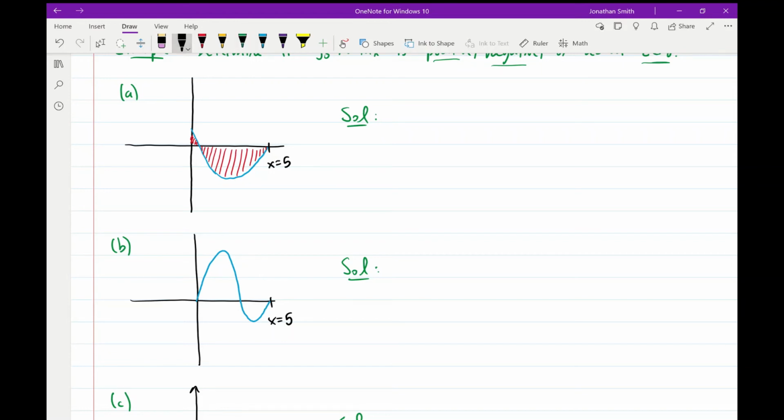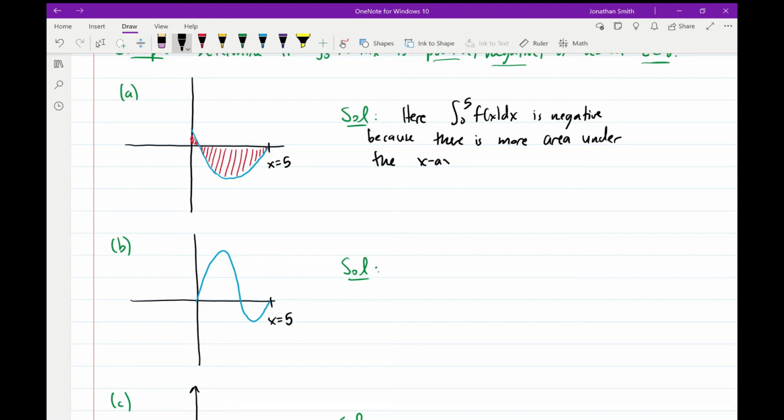So here, the integral from 0 to 5 of f of x dx is negative because there is more area under the x-axis than above the x-axis.